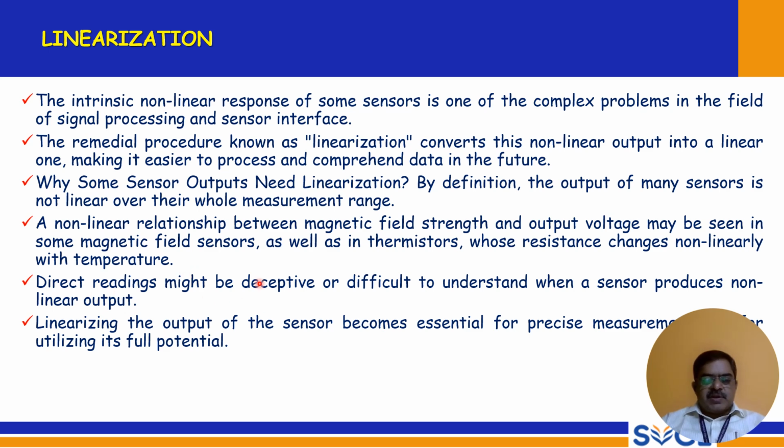Direct readings might be defective or difficult to understand when a sensor produces nonlinear output. Hence, linearizing the output of the sensor becomes essential for precise measurement and for utilizing its full potential. So that is the use of linearization, and there are some techniques to achieve it.